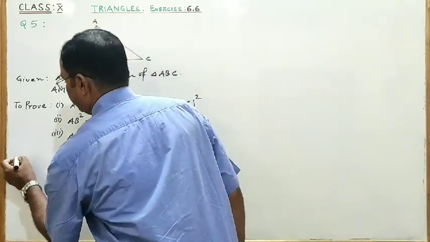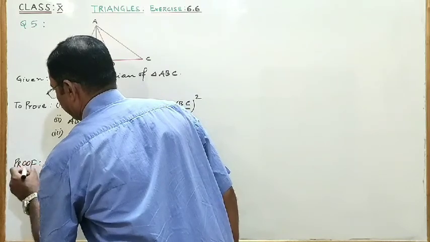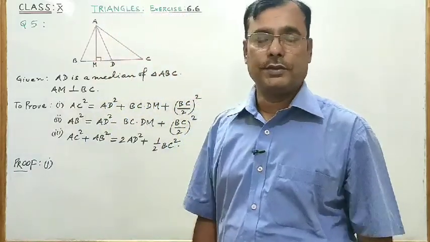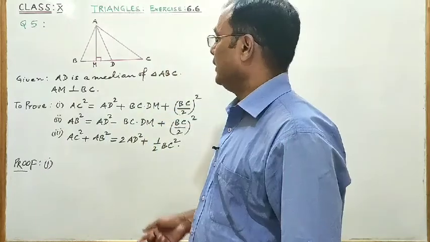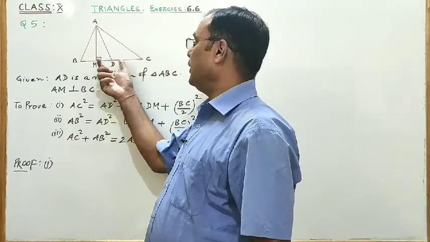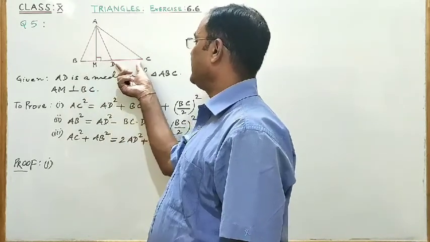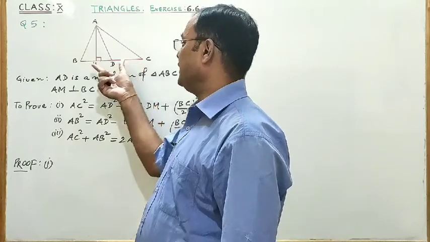Now proof. Here in this question we are given that AD is median. So D is midpoint of BC, and therefore BD and DC will be equal to half BC.